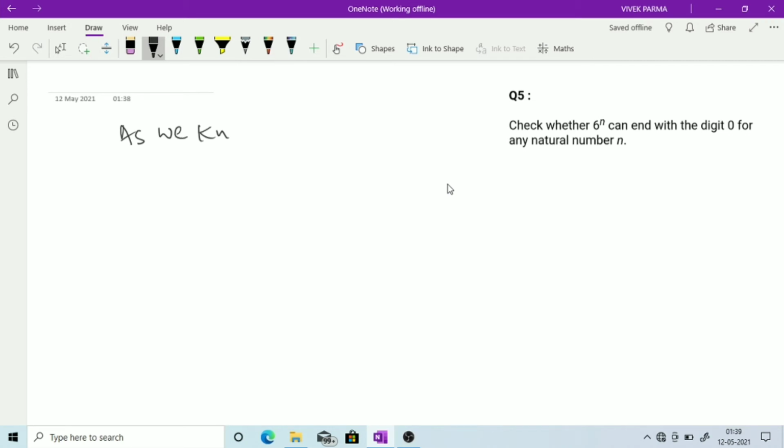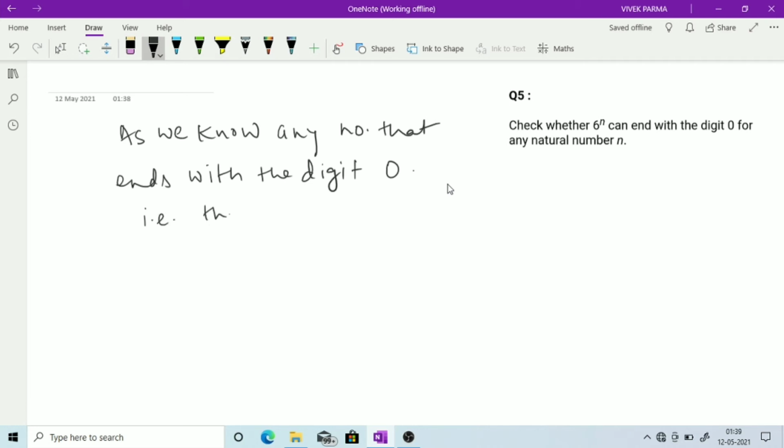As we know, any number that ends with the digit 0 means the number will be divisible by 10, right?